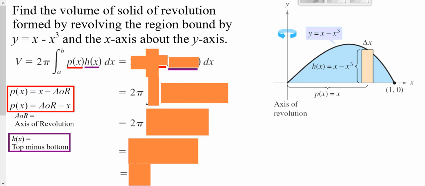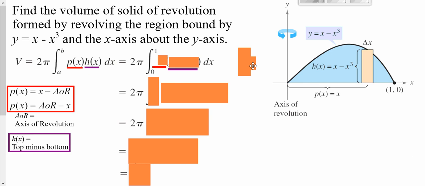So here we have a solid shape that we're revolving around the y-axis. So it's a vertical axis of revolution, which means we have to be dealing with x's. Your bounds are going to be how far left and right your shaded region goes. It goes from 0 over to 1. Remember, we need to have our 2 pi in front. Then you have to do your radius.